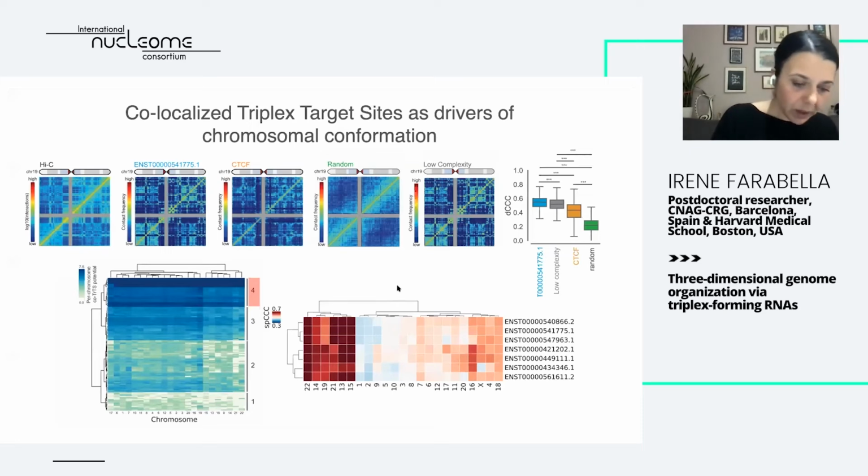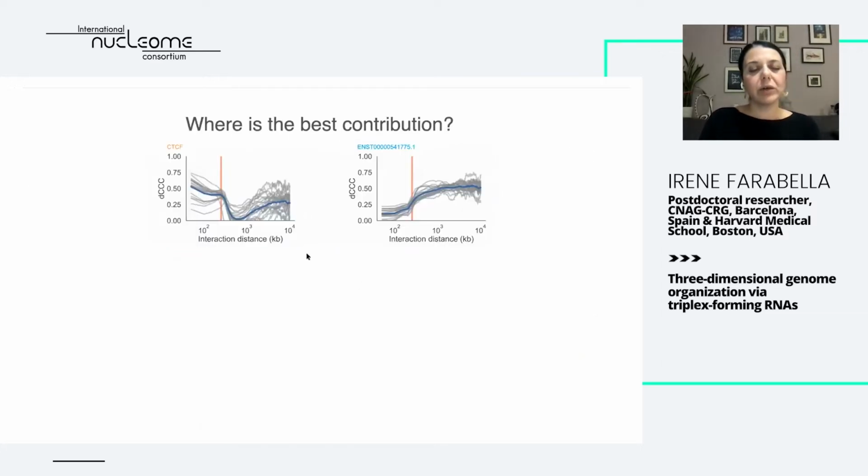But since we are looking at the diagonal correlation, we can also check at which genomic length our reconstruction is optimal. For example, the contribution of CTCF is known to occur more at a short-range scale.